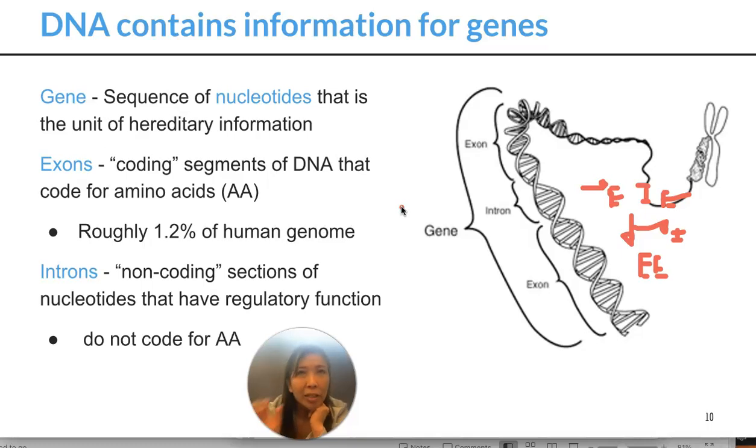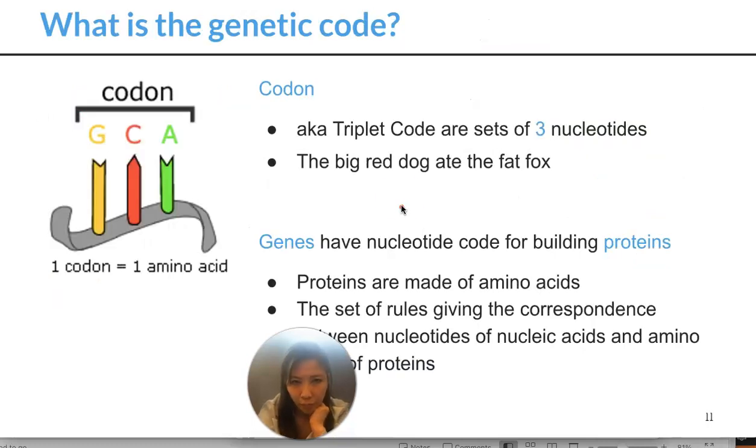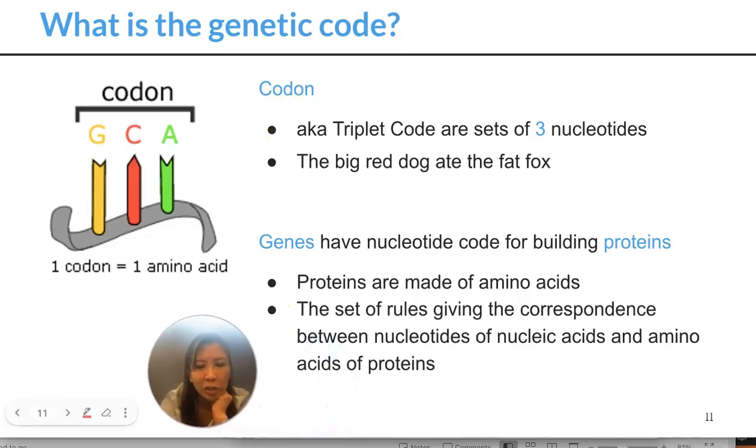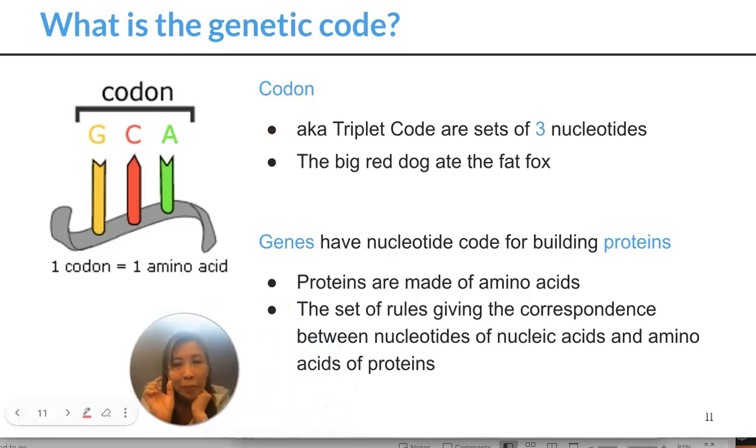An exon is the coding region. That's the part that's actually going to make the amino acid later. Your genetic information is done in what's called triplet code, or codon. So assume that our English language only recognizes 3-letter words, and we're just going to make a bunch of sentences with 3-letter words.